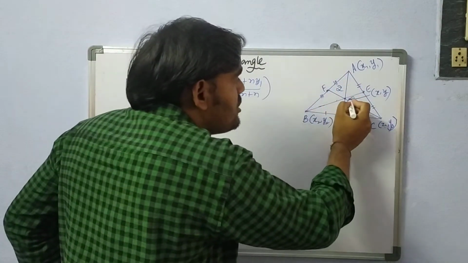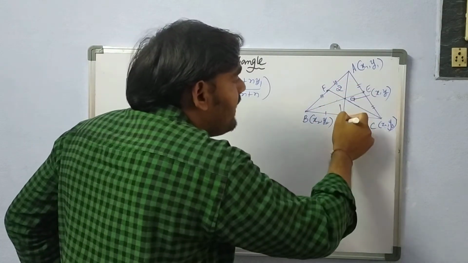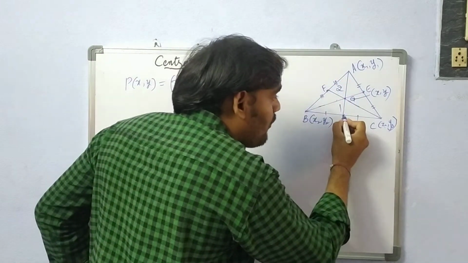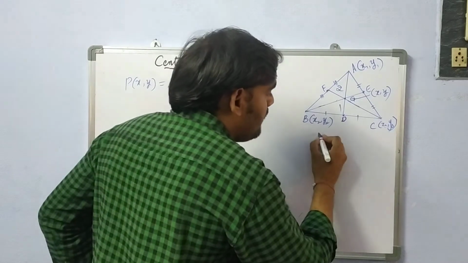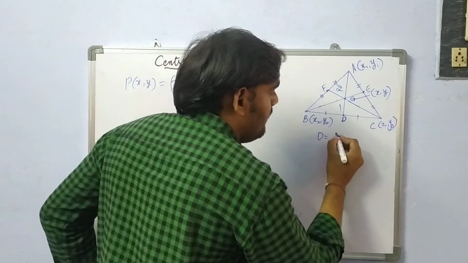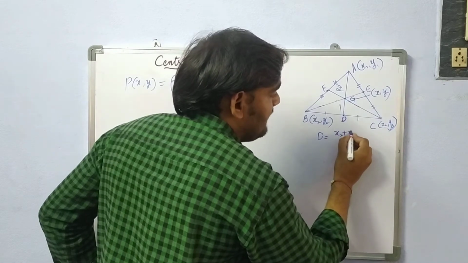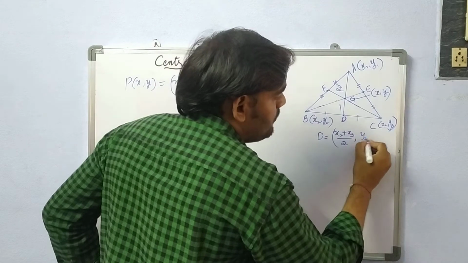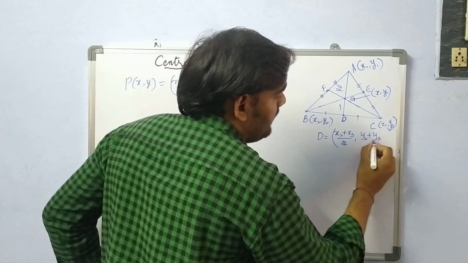So here G is the point which divides the line segment AD in the ratio 2:1. So what is the point D? The point D is the midpoint of these two vertices, that is ((x2 plus x3) by 2, (y2 plus y3) by 2).